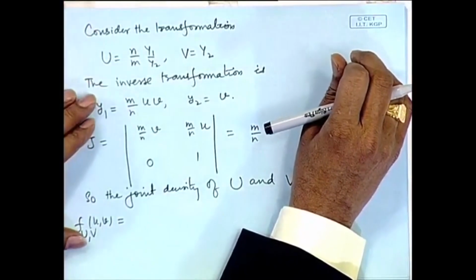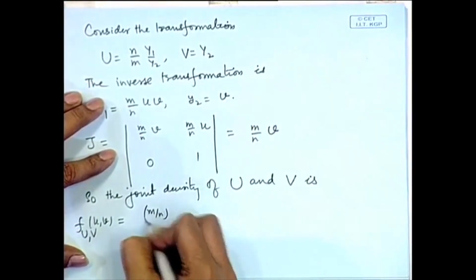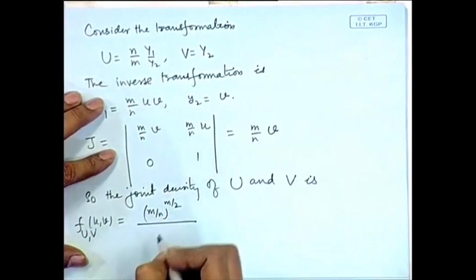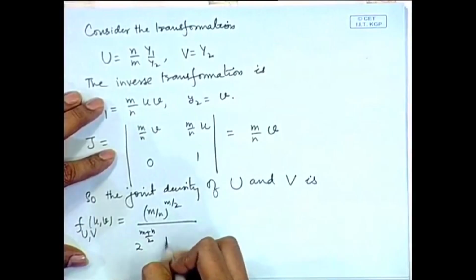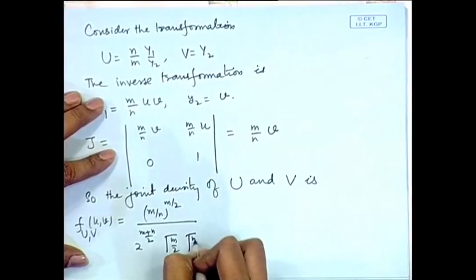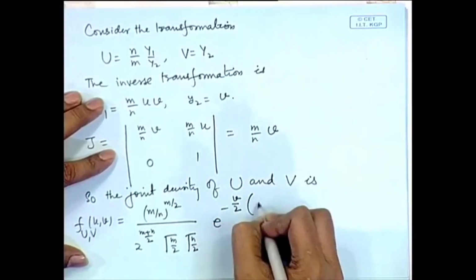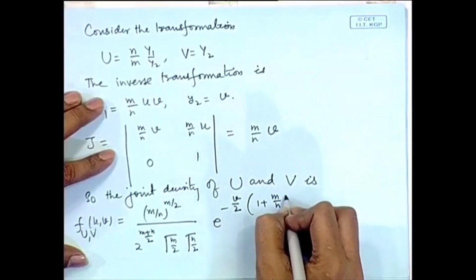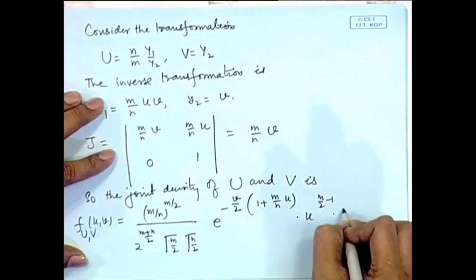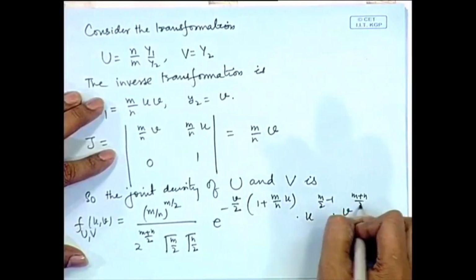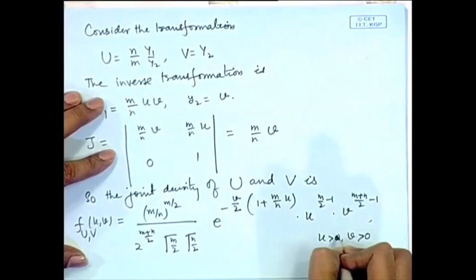After adjustment of the terms we can write it as (m by n) to the power m by 2 divided by 2 to the power (m plus n) by 2, gamma m by 2, gamma n by 2, e to the power minus v by 2 times (1 plus m by n u), u to the power m by 2 minus 1, v to the power (m plus n) by 2 minus 1, where u and v are positive variables.